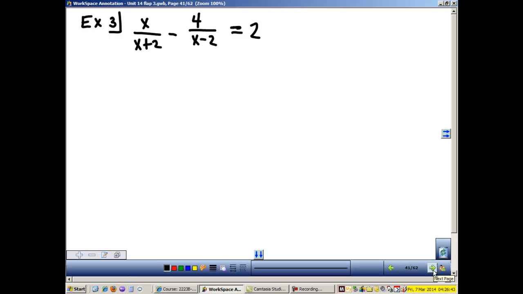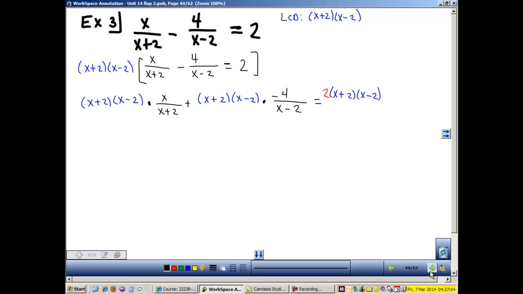Example 3. Factor each denominator. Then find the LCD. In example 3, the LCD is x plus 2 times x minus 2. Multiply the LCD to each term in the rational equation. Doing this will get rid of our fractions.